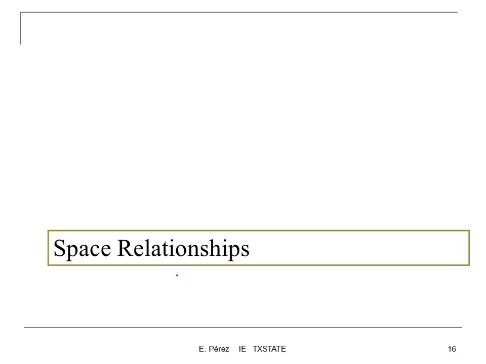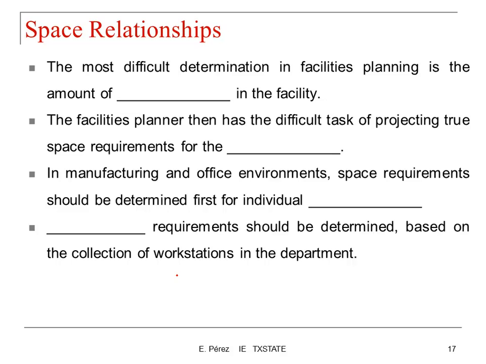the next topic on this lecture, and I'm going to touch this just a little bit because we're going to come back to this topic later in the semester, is space relationships. So the most difficult determination in facilities planning is the amount of space in the facility.